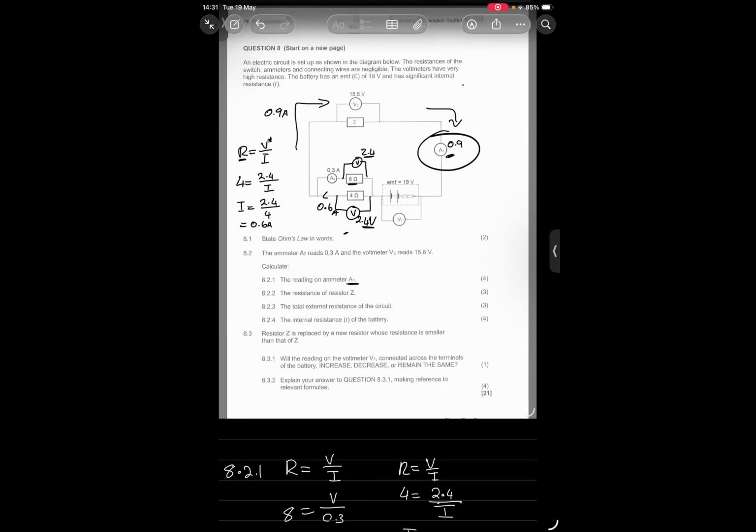What's going to happen? It will decrease.